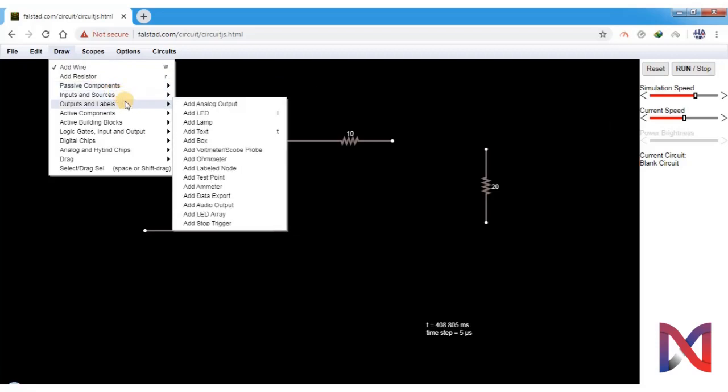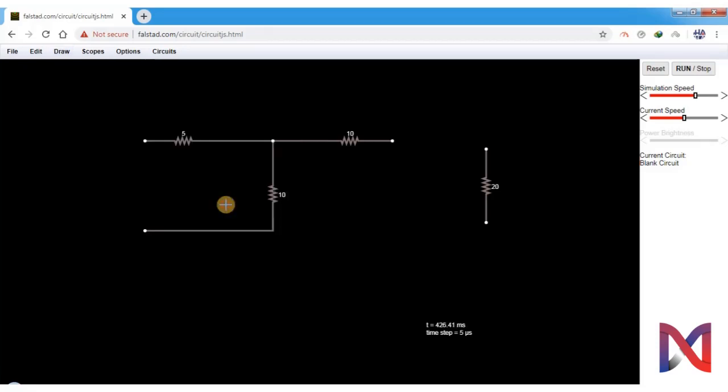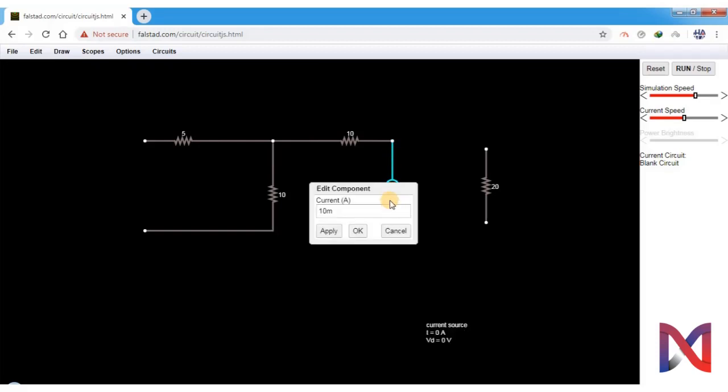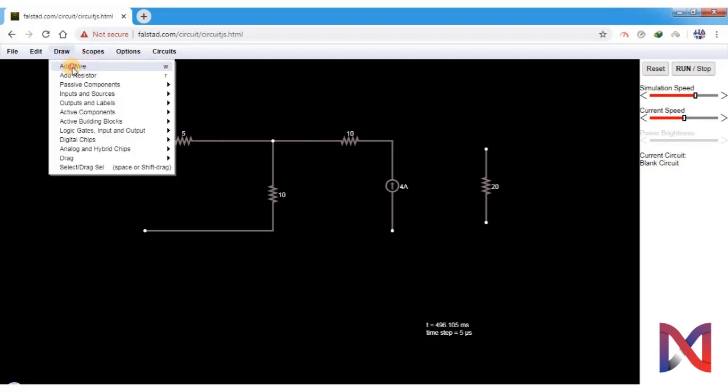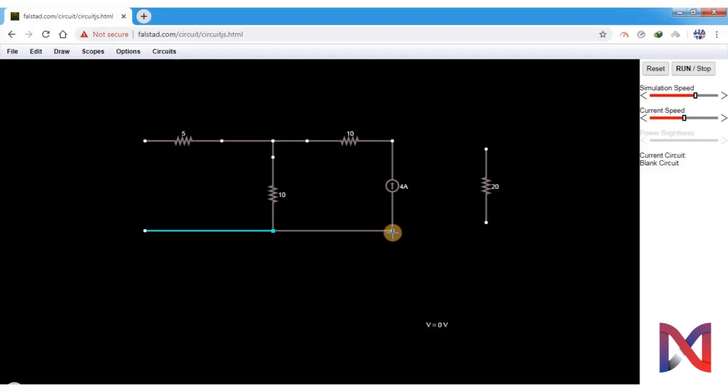First, I need to add my current source and change its value to 4 amperes. Now our circuit is almost complete.